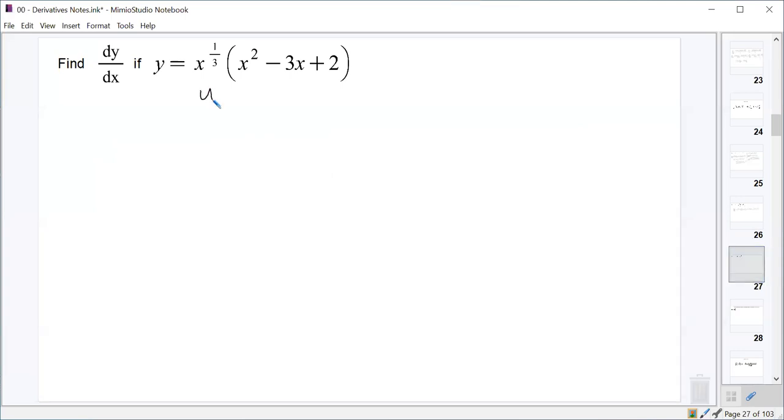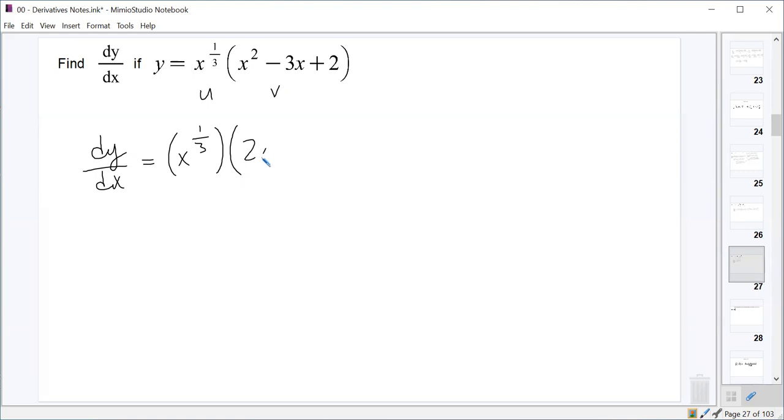Here we've got u as x to the 1/3 and v as x squared minus 3x plus 2. And of course, we could distribute the x to the 1/3 through, but in this case, let's just use the product rule since that's what we're practicing here. dy/dx is the first function times the derivative of the second function.